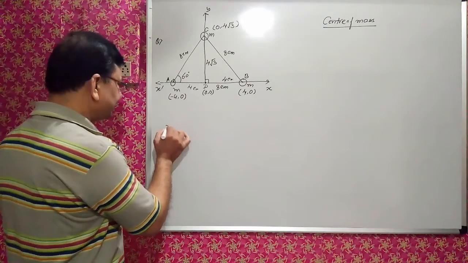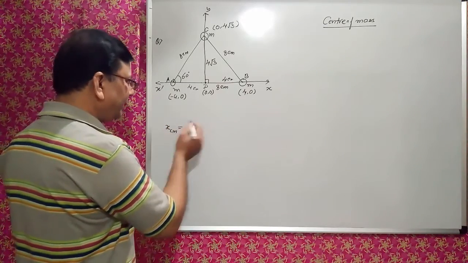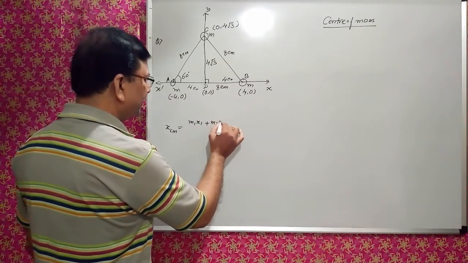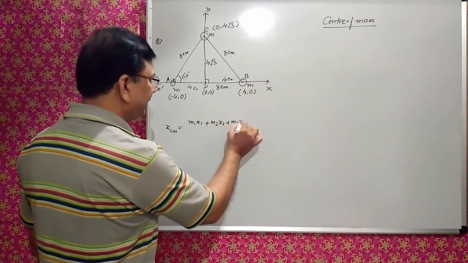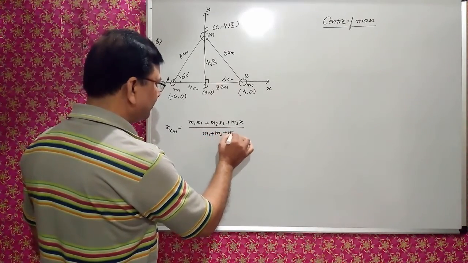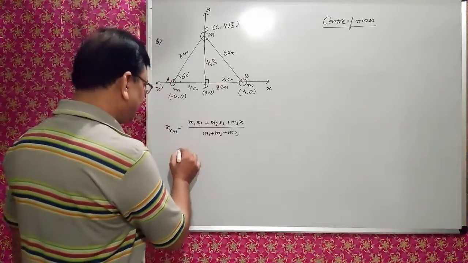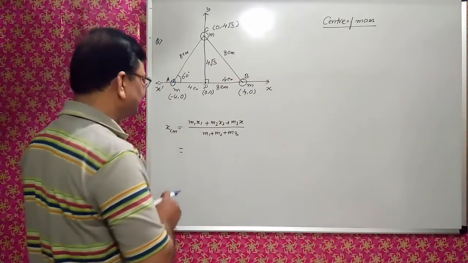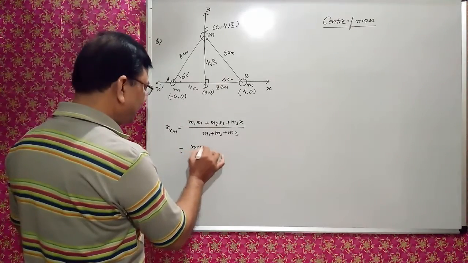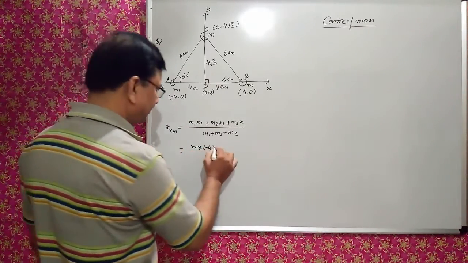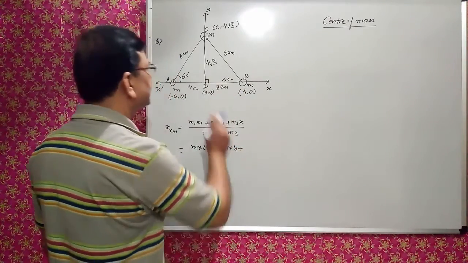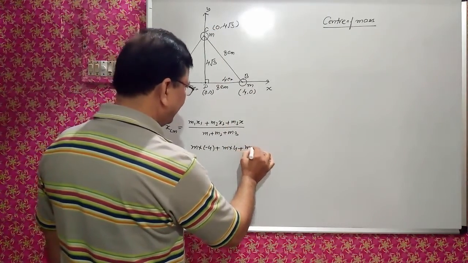So now I will write xcm. Again, m1 x1 plus m2 x2 plus m3 x3 upon m1 plus m2 plus m3. See, for the mass kept at A, that is m into minus 4 plus this one m into 4 plus this one m into 0.